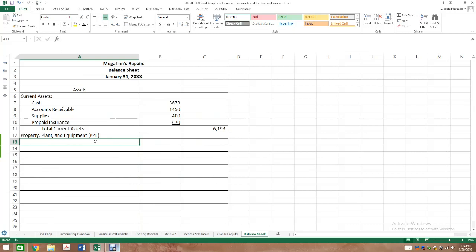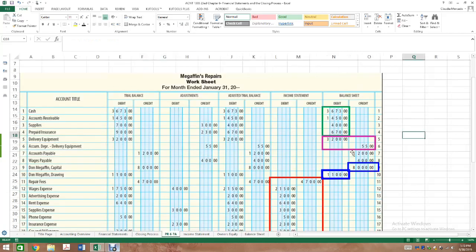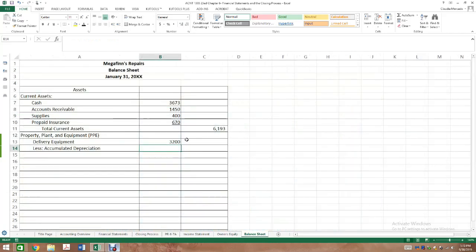So I'm going to start off with my delivery equipment, which I have for $3,200. Now, my equipment has depreciated, so I'm going to deduct less my accumulated depreciation, which is $55.